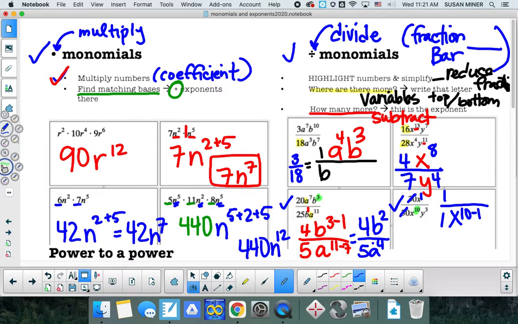And then I just have y to the 3rd. What happens if I don't have any other y's? Well, it just stays the same. It doesn't change at all. That y to the 3rd is not going to change at all. And so I'm going to end up with 1 over 1x to the 9th, y to the 3rd. And there's my result.